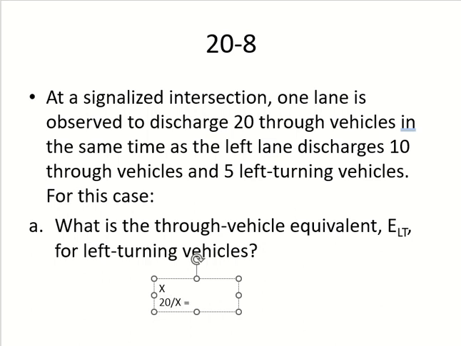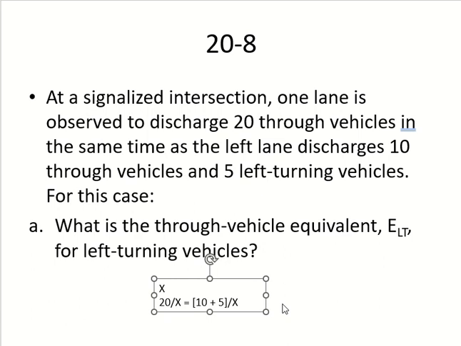In the same time, from the other lane, I had 10 vehicles going straight and 5 taking a left turn. So 20 from one lane in x seconds, and 10 straight and 5 left from the other lane in x seconds. Something is missing here.